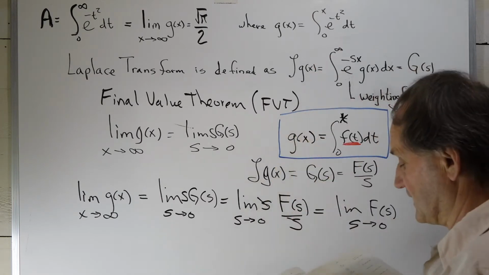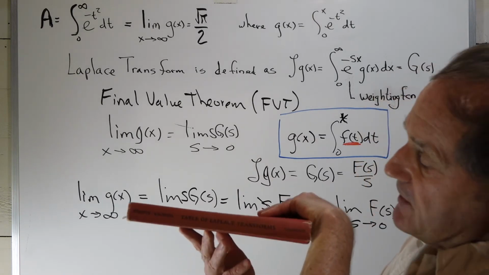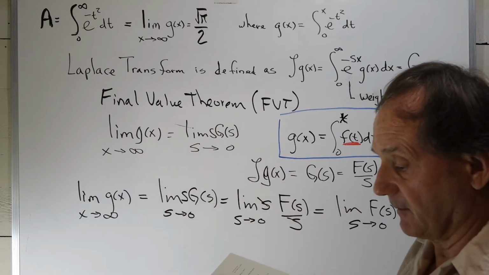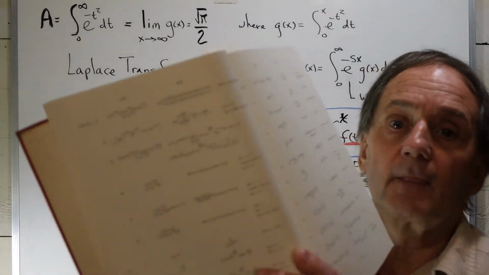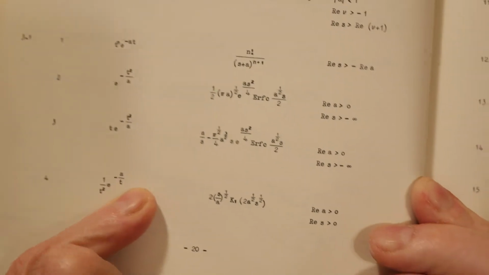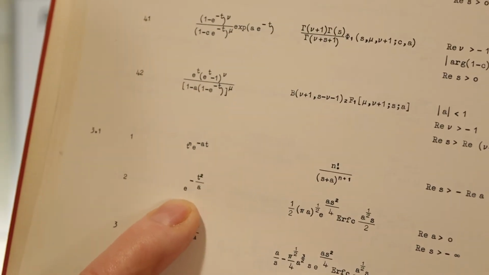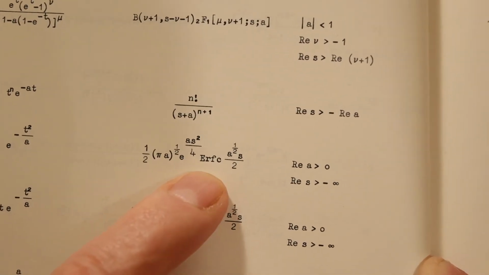For e to the minus t squared, this book is Roberts and Kaufman, Table of Laplace Transforms, and on page 20, form number 2, you can see here that we have e to the minus t squared over a, where a is a constant, and here is the Laplace transform.